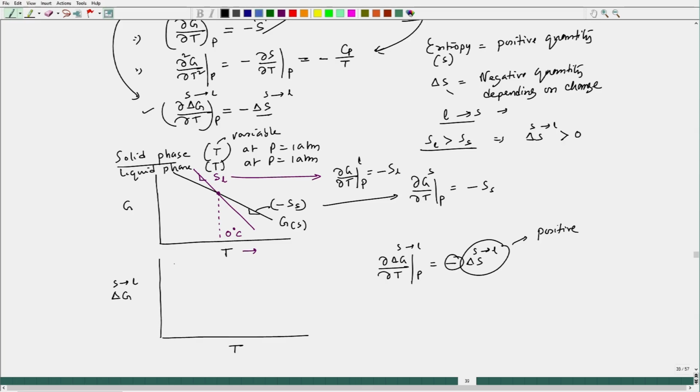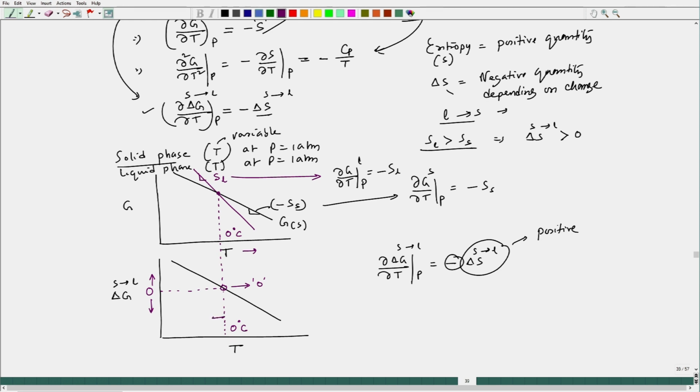So, that slope would be like this, and interestingly, at 0 degree Celsius, 1 atmosphere pressure, this particular crossing value would be 0. So, it is starting from 0. Here it will go up, here it will go down, because I am considering only solid to liquid.